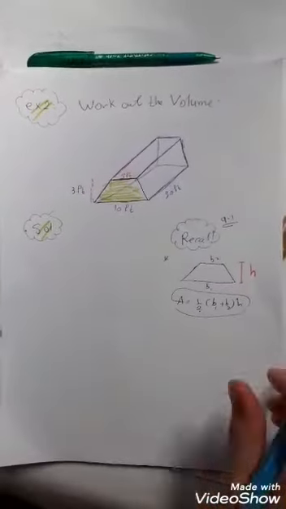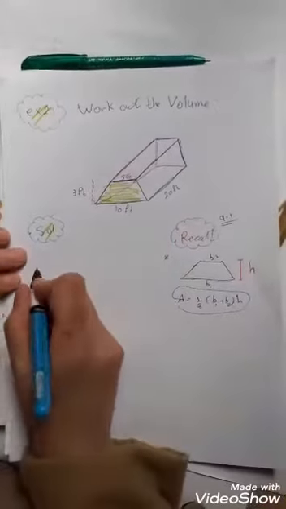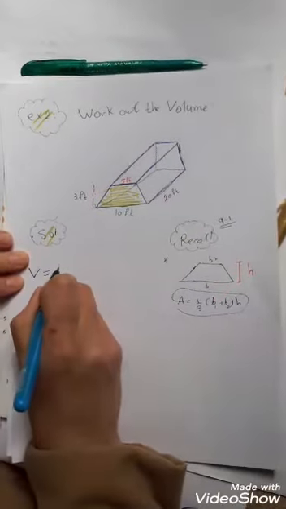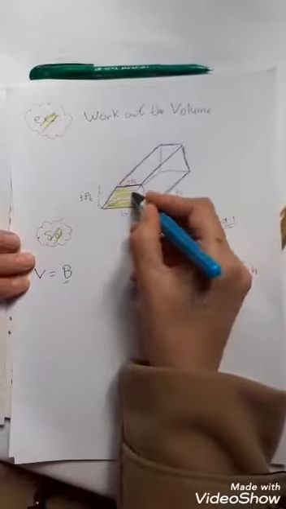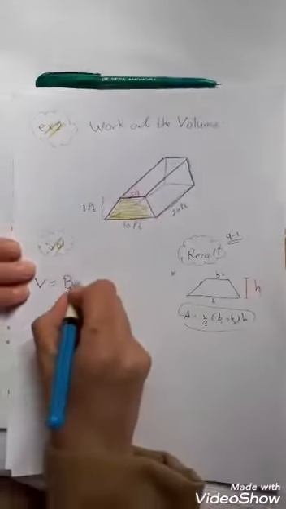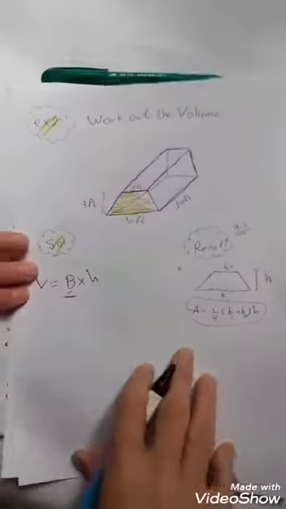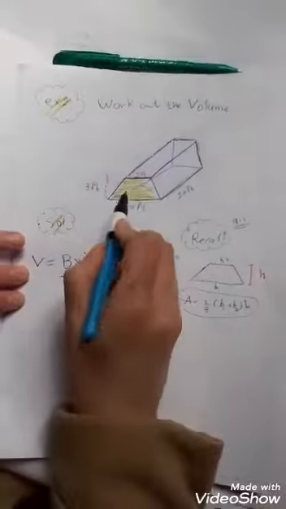Now, how can we find the volume? There is a rule: the volume is the area of the base times the height. Here the base is a trapezium, so first of all you have to find the area of the trapezium.